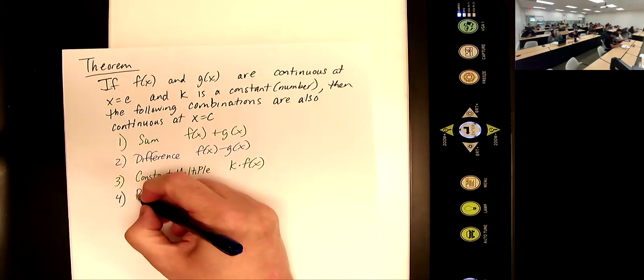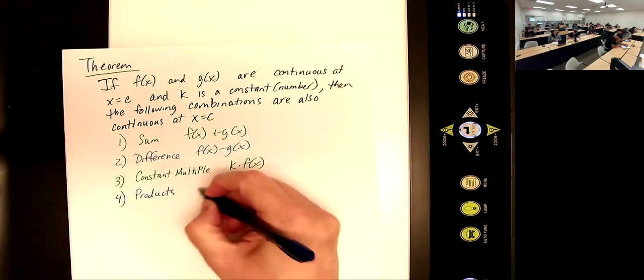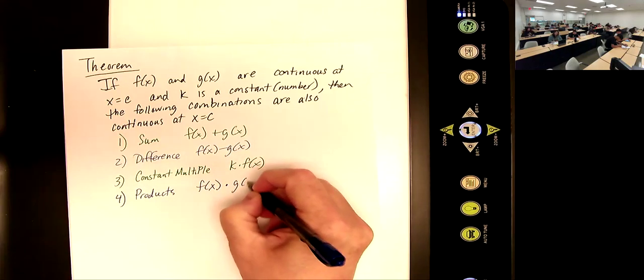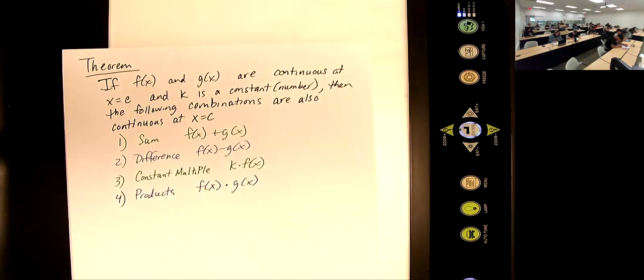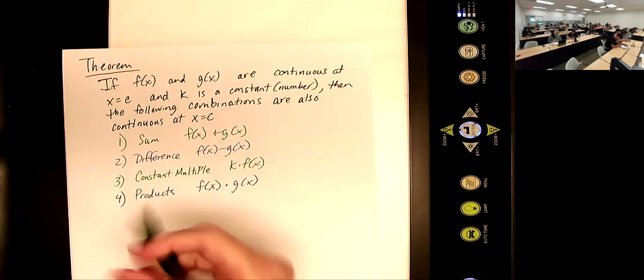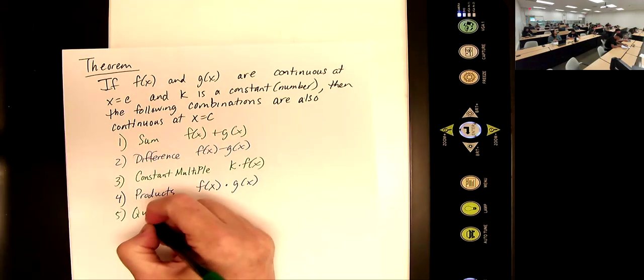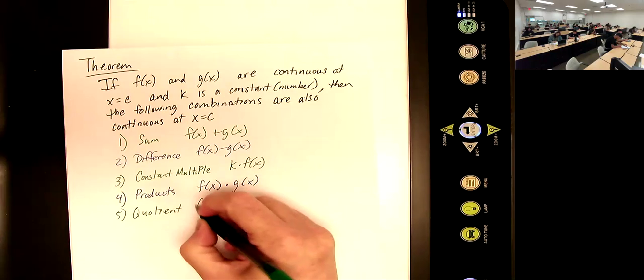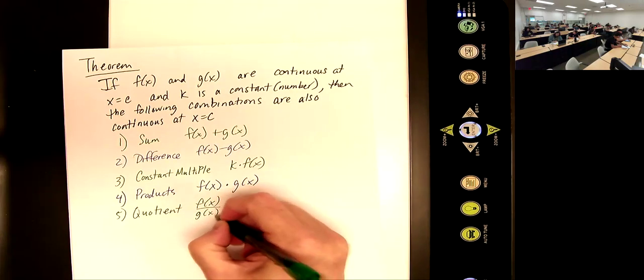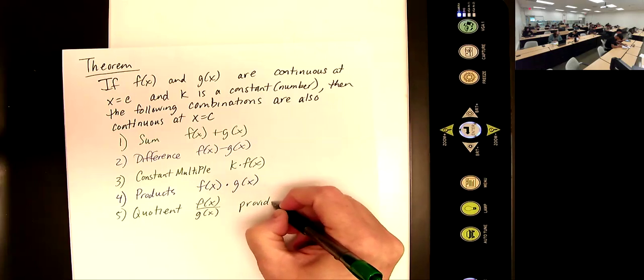Products. Not your hair gel, f of x times g of x. And since products work, quotients work as well, because a quotient is just multiplication by the reciprocal, provided g of x does not equal 0.